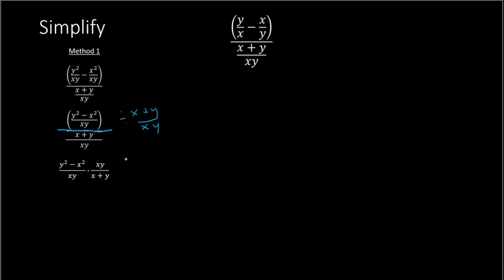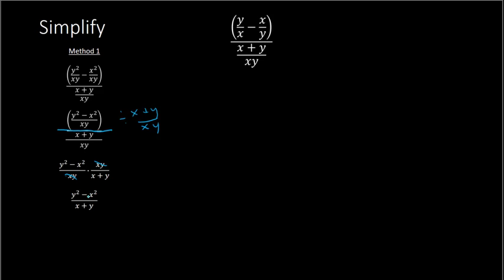All right, so now from here, we can simplify. So notice, first of all, that the xy up here can divide with the xy down here. So we're left with y squared minus x squared on the top over x plus y on the bottom. Now, one last thing.